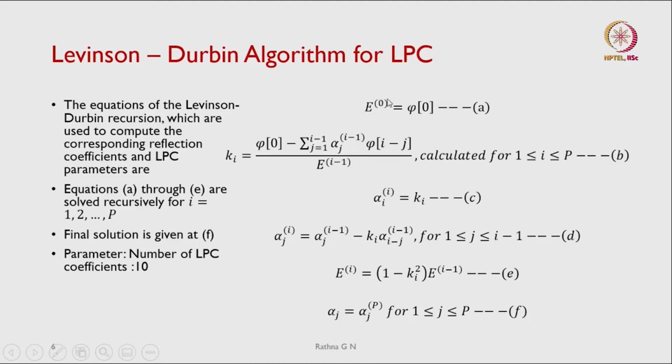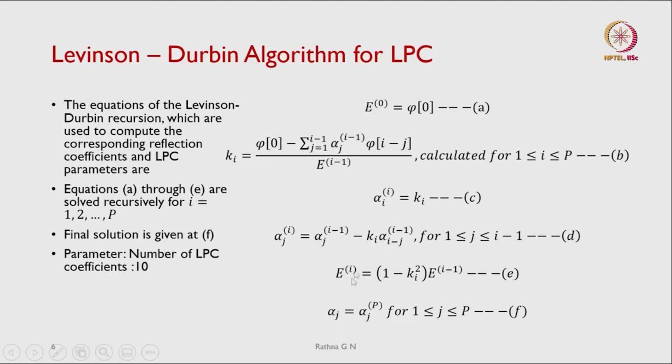So, this is your expected value E0, which is given by phi of 0, and k_i is calculated with this equation, for 1 less than or equal to i, which is less than or equal to P. And then a_i^(i) is given by this constant k_i, and then after substituting in the equation, for j going between 1 to i minus 1, this is the recursion we will be doing.